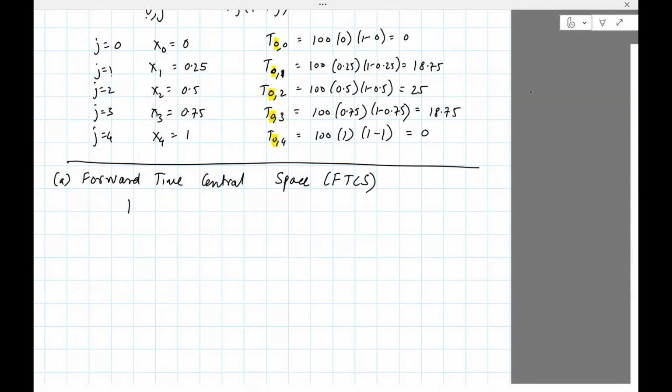The formula is T(i+1, j) equals F times [T(i, j+1) plus T(i, j-1)] plus (1 minus 2F) times T(i, j).